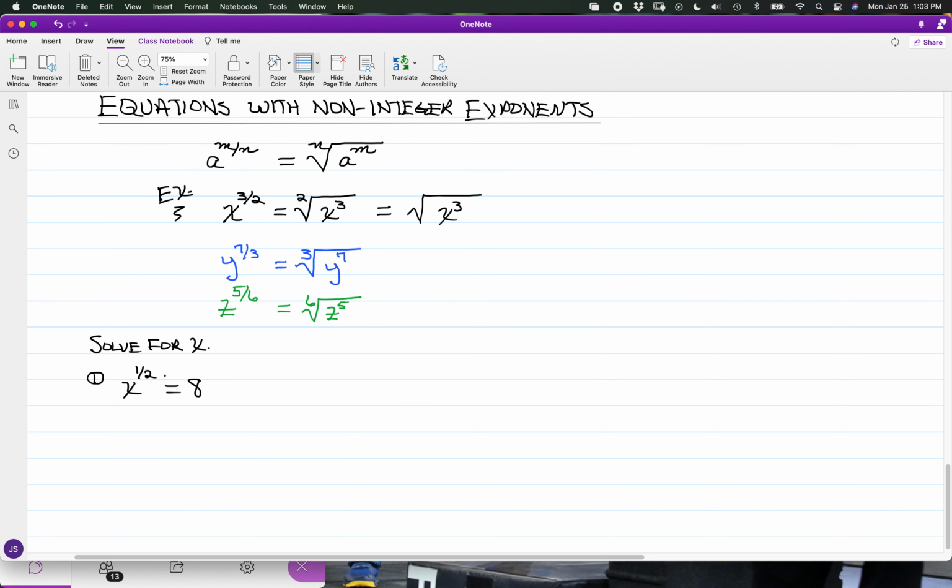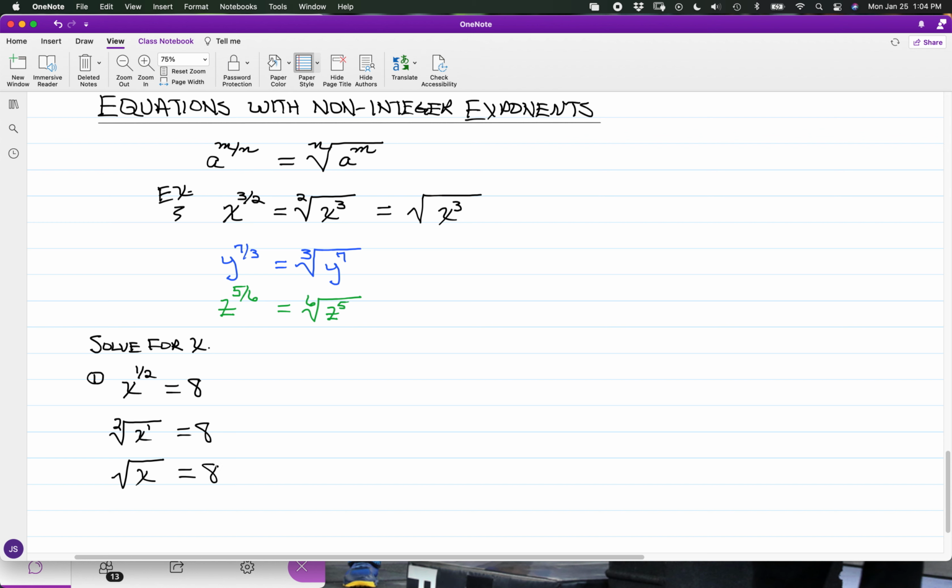If I write x to the 1/2 as a radical, I have the second root of x to the 1st is equal to 8. So that's just the square root of x is equal to 8.